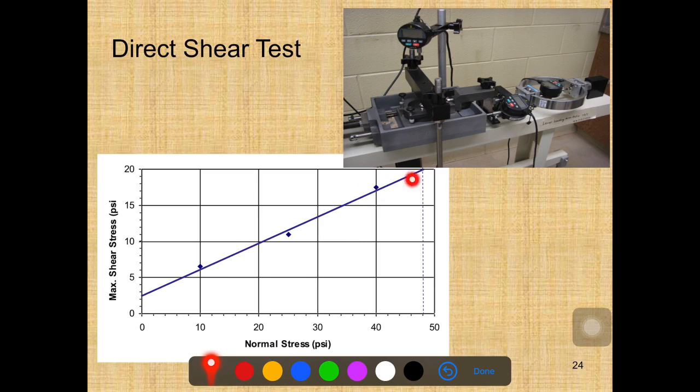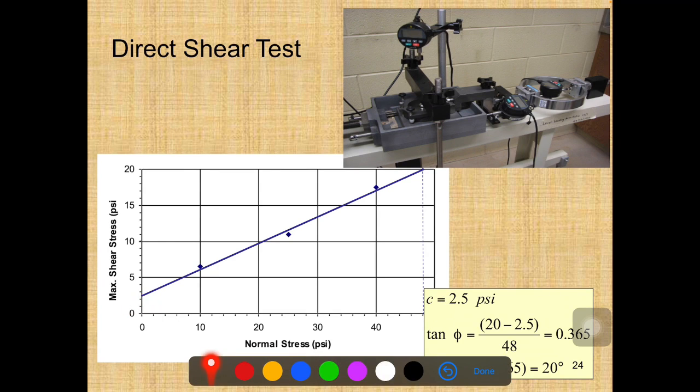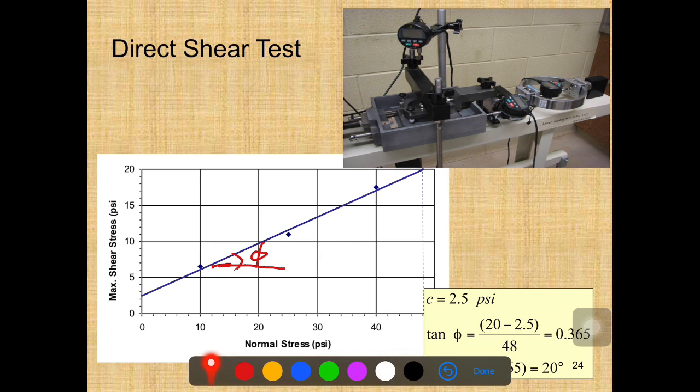You will get the straight best-fit line, and then you will get the C value. This is the C value, where it crosses your y-axis, and then you will get phi, which is the angle of the slope. This is phi, and this is C.